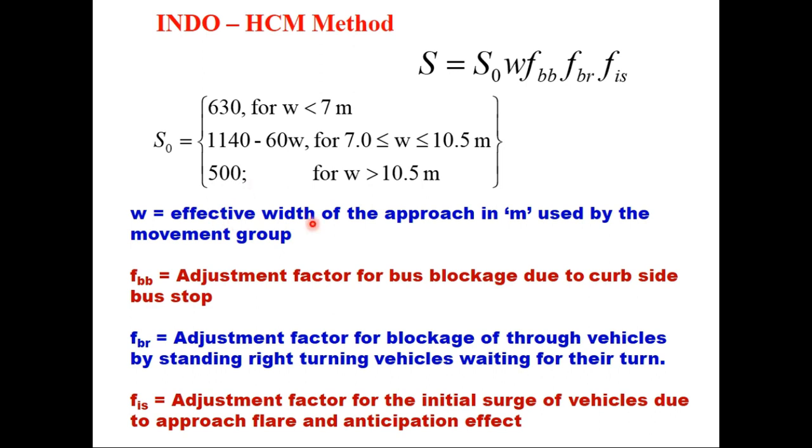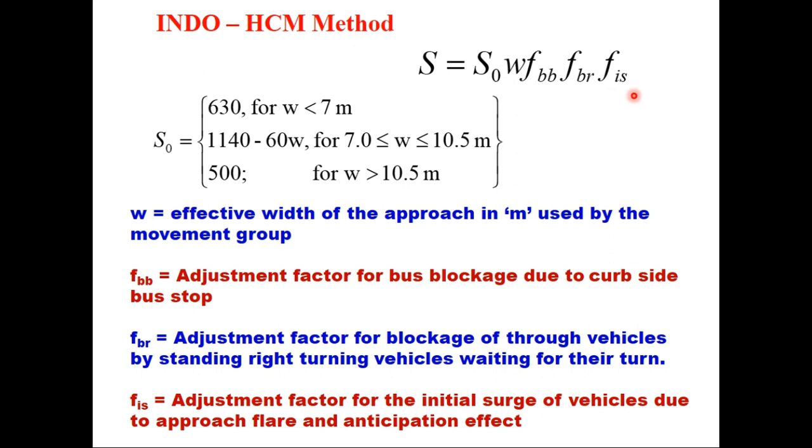W is the effective width of approach in meters used by the movement group, and these are 3 adjustment factors to this S value. This is the adjustment factor for bus blockage due to curbside bus stop. This is the adjustment factor for blockage of through vehicles by standing right-turning vehicles waiting for their turn, and FIS is a new factor introduced in Indo-HCM, that is the adjustment factor for initial surge of vehicles due to approach flare and anticipation effect.